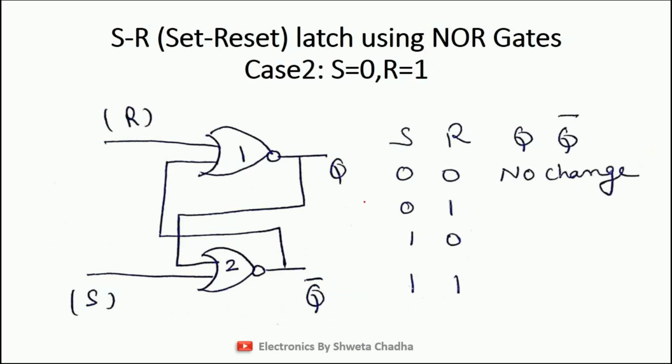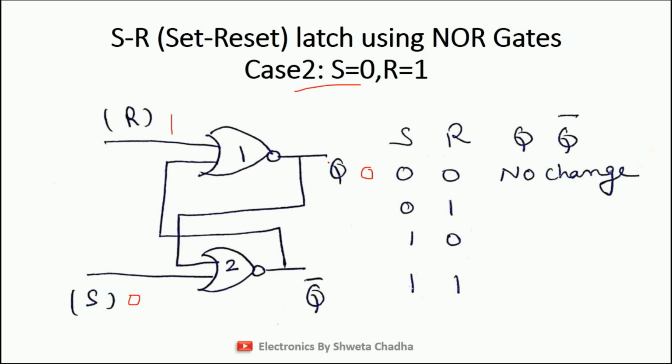The second case, case number 2, is when S is equal to 0 and R is equal to 1. So can we simplify gate number 1? Yes, definitely we can simplify gate number 1, because as per the conclusion for the NOR gate, if a minimum of one input is equal to 1, the output will be equal to 0. Although we cannot simplify gate number 2 because we do not have a minimum of one input equal to 1.